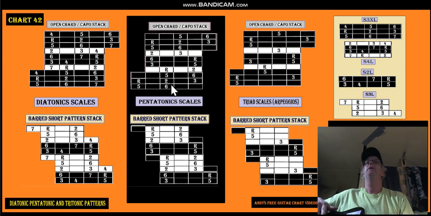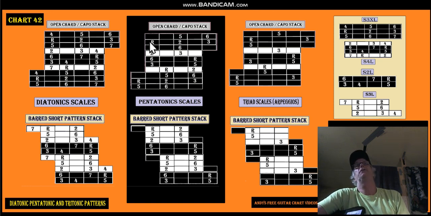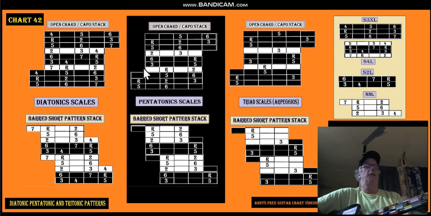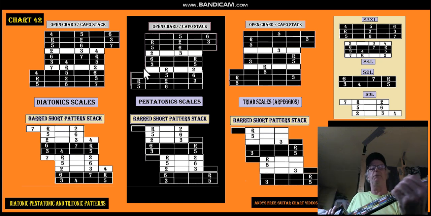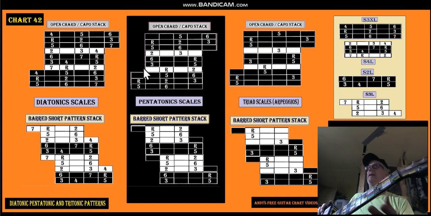That is the A pentatonic on the long pattern. You can't do that if there's a capo here or if that A is played from down here. But it's in the key of A.